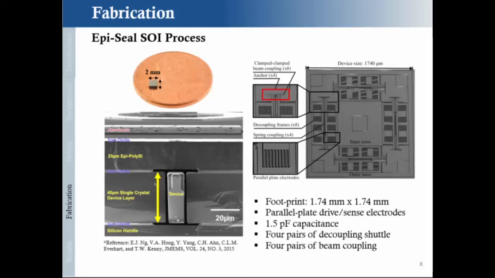The device we designed, partially due to the limitation of the fabrication process, is less than 2 millimeters in size. So it's a very small device, not too much capacitance, but nevertheless we integrated all the coupling mechanisms to accomplish this Dual Foucault Pendulum architecture at the same time.